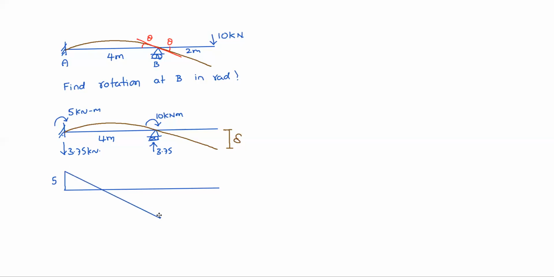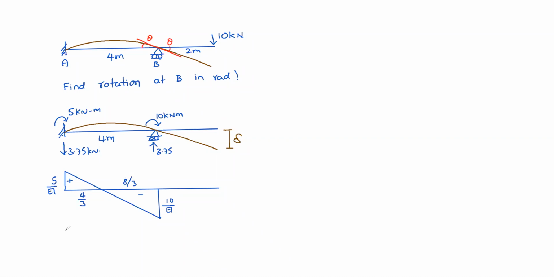It goes up suddenly because of this clockwise couple. This is the bending moment diagram. Dividing by EI, you get the curvature diagram. Positive, negative. Here it is a 1:2 ratio, 5 and 10, so it is 1/3 of 4 and 2/3 of 4. That is 4/3 distance and 8/3 distance. This is the curvature diagram.